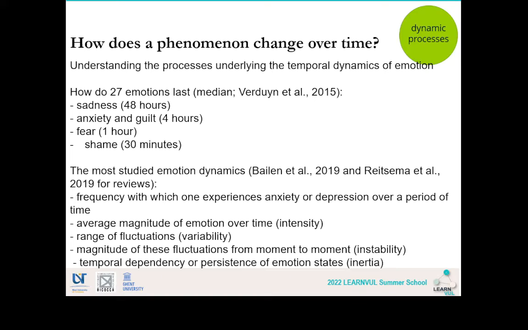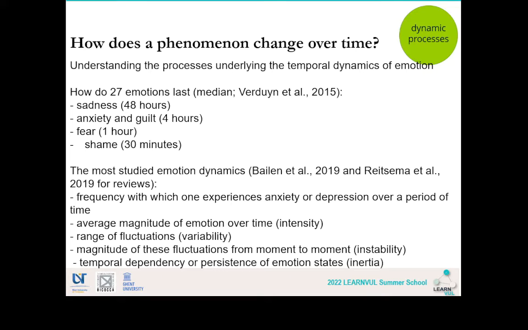The average, so the intensity, how strongly I feel anxious. The fluctuations, so the variability, and the instability. I will tell you about that later, but you can vary, but slowly.